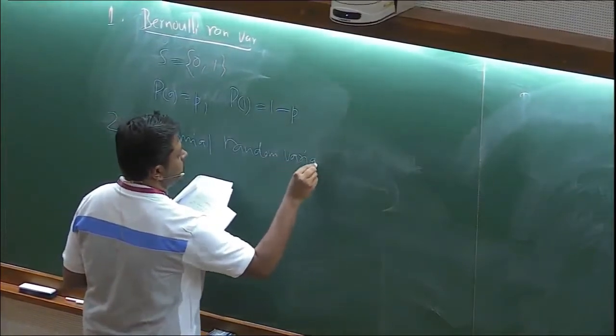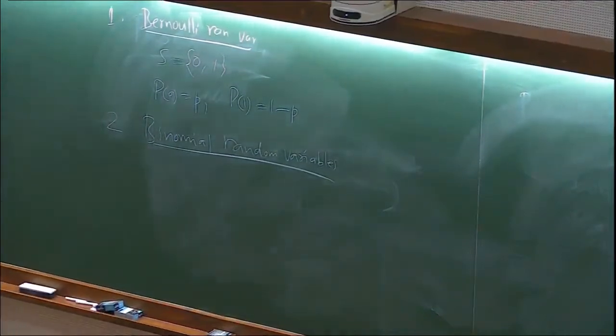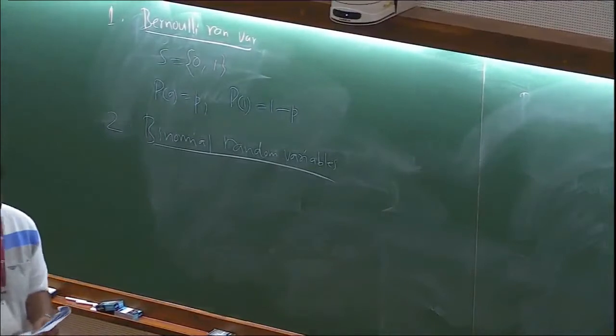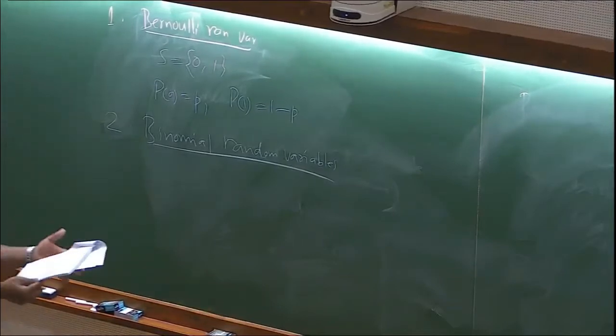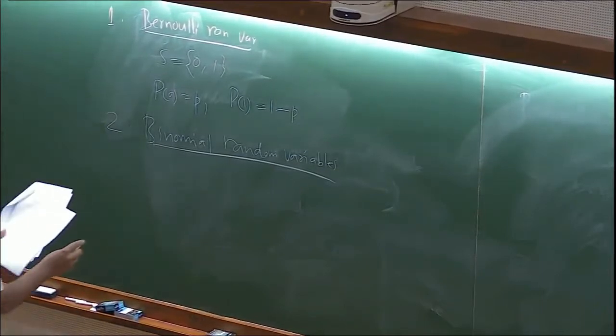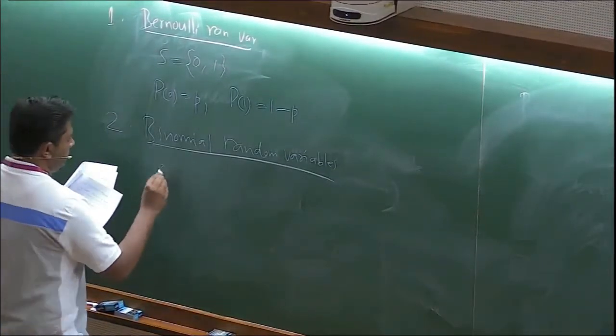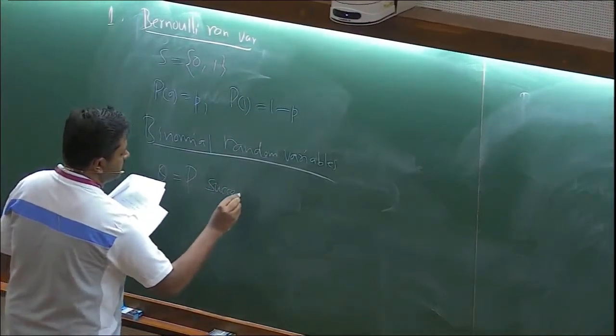The second most common thing which we encounter right from our school days is the binomial random variable. What you do is n independent trials of Bernoulli random variables, and then find out the probability of obtaining, say, x successes.